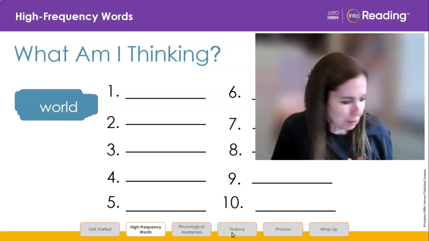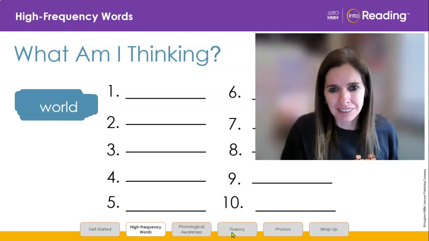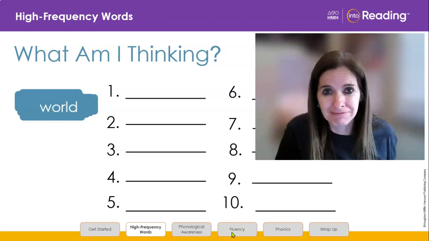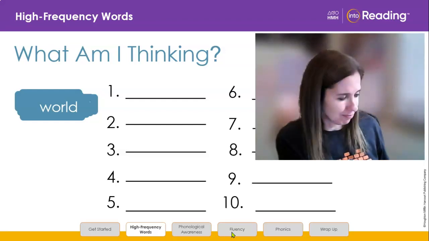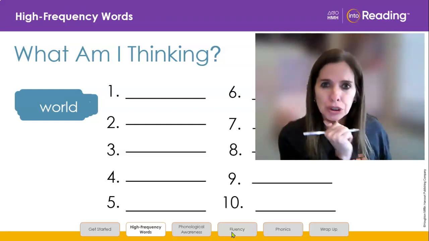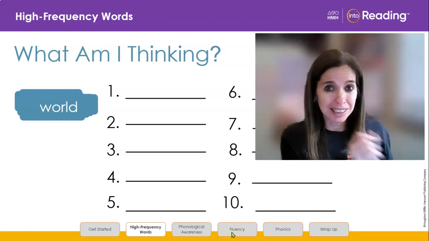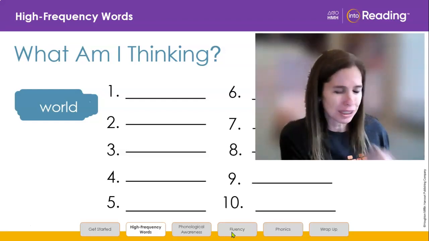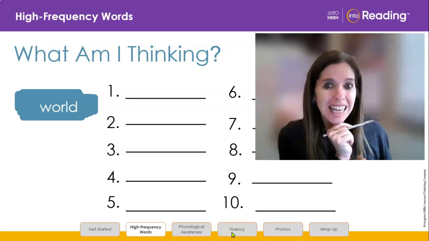So the clues for number 2: it has 2 syllables and it has 3 letters in it. 2 syllables and 3 letters. As soon as you have it, write it next to number 2. You're going to need to tell me what the word was without looking at the screen, so you're going to have to write it next to number 2. The clues are 2 syllables and 3 letters.